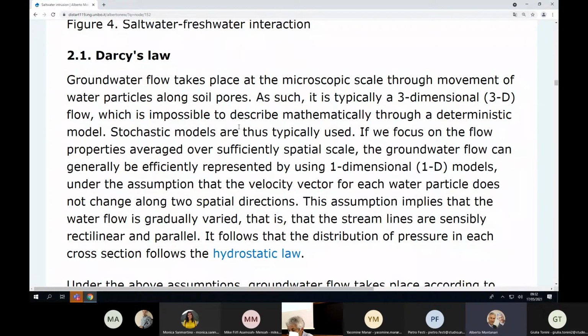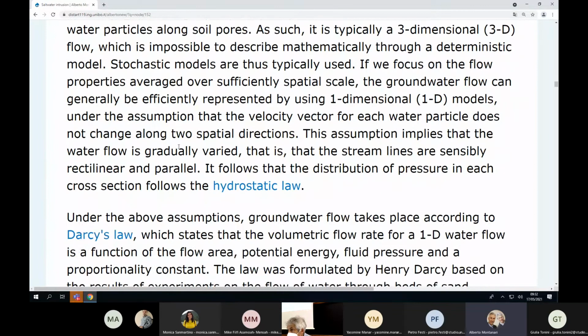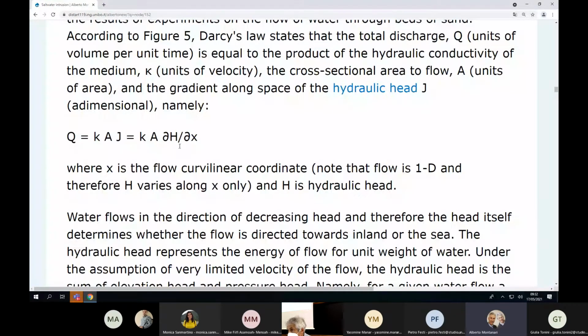This is, in a way, already a very important simplification. Darcy's law allows you to take into account the variability in time of the flow, because it can be expressed as a function of time. On the other hand, it simplifies the problem greatly because it refers to a 1D problem.